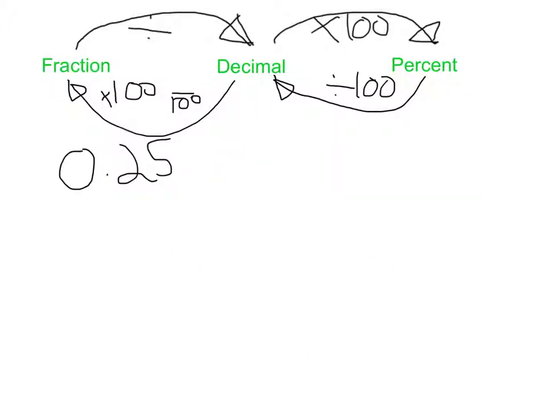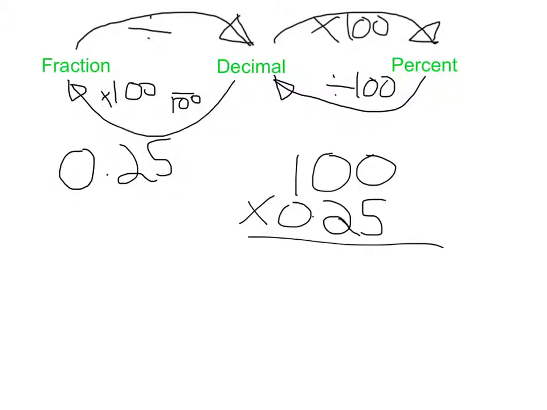Now that we know that 1/4 is equal to 0.25, we will turn 0.25 into a percent. To get from a decimal to a percent, you have to multiply your decimal by 100. 5 times 0 is 0, 5 times 0 is 0, 5 times 1 is 5.